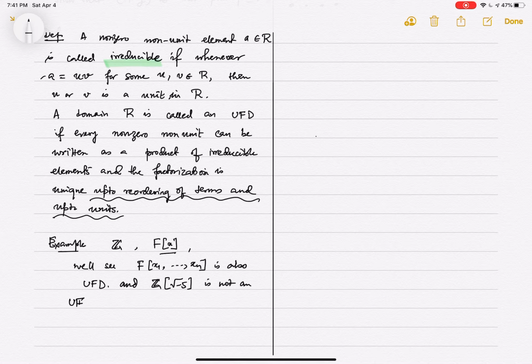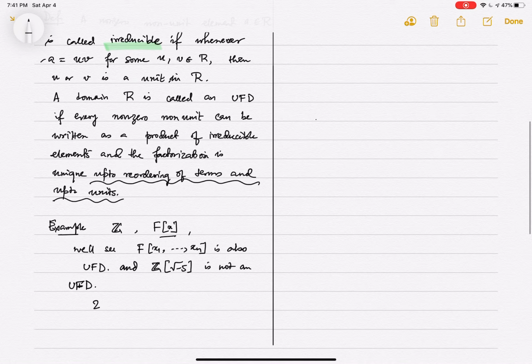It's a domain, but it's not a unique factorization domain. Basically, you can see things like this.